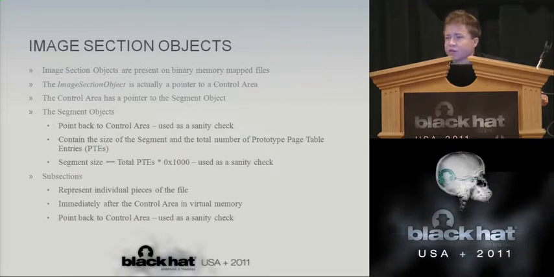So if you were scanning physical RAM for these things, you could do some sanity checking on these segment objects and control areas. Also, the segment object will contain the segment size, which is the total size that that file object represents, and the total number of PTEs. So if you would take the total number of PTEs, multiply it by 4K or by 1,000 hex, that should be equal to the segment size.